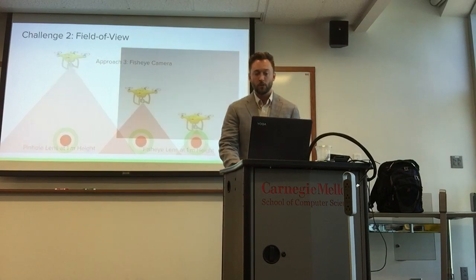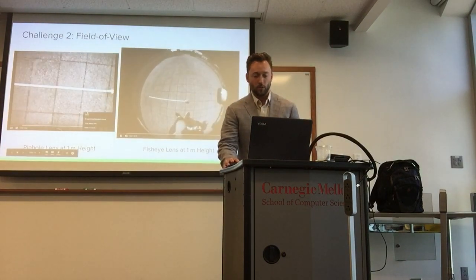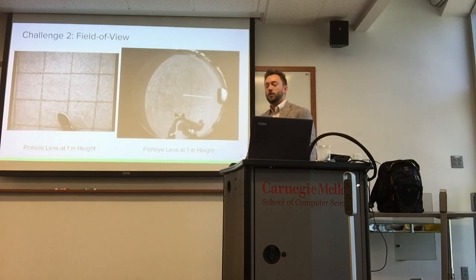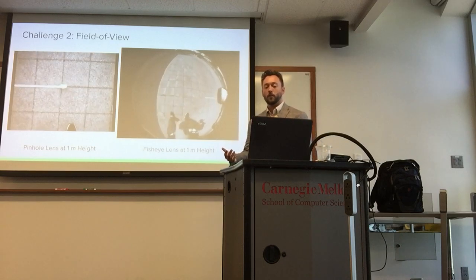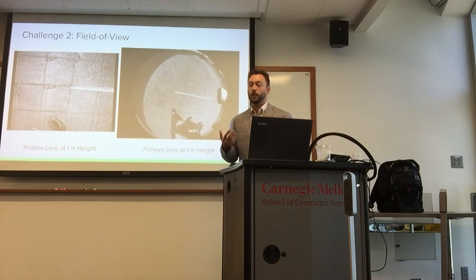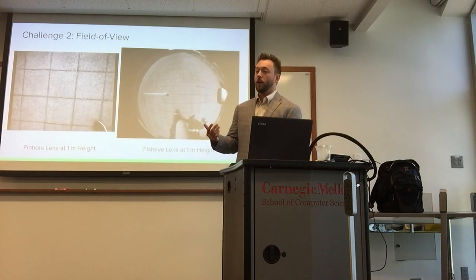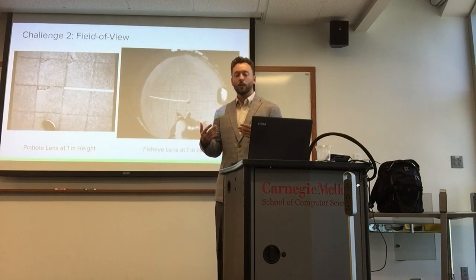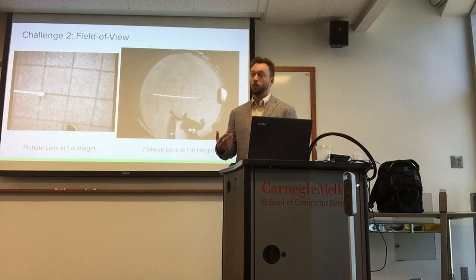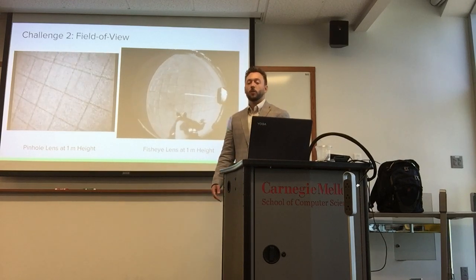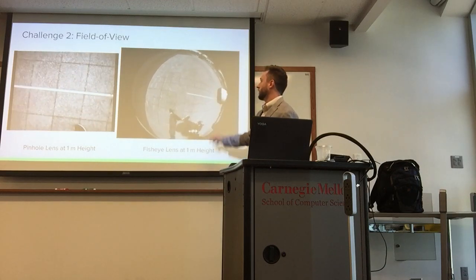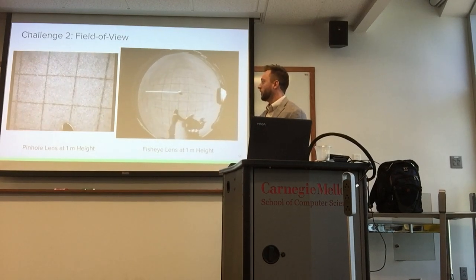To give you a bit of a sense of what that looks like, here on the left is the pinhole camera that we had 1 meter above the ground, and then on the right is the fisheye camera. They're both at 1 meter above the ground, and each of these patio tiles is about 1 foot by 1 foot. So you can see you get a whole lot more information, but it does, once again, come at the cost of this radial distortion.